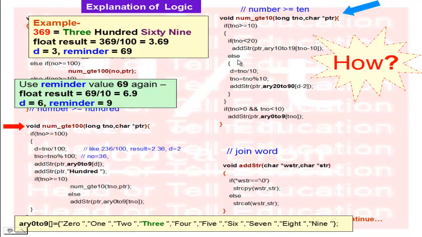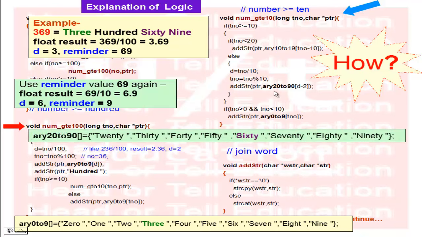Because the number is not less than 20, it is greater than 20 also, so we use this condition. So 69 divided by 10 gives 6.9, so d equal to 6 and remainder equal to 9. So add_str again, this time we are using 20 to 90, because our full word is 369, so we need 60.